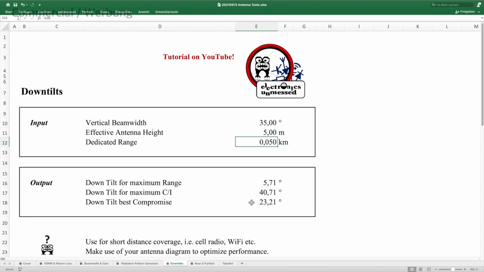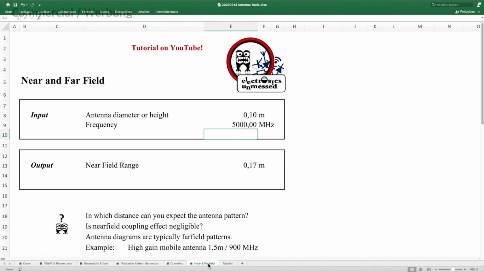Our tool is suggesting about 23 degrees here. Of course, the given method here is no rocket science. However, it can help to keep you and your neighbors happy. Now that you saved your neighborhood relations, we can look at our last interesting topic.